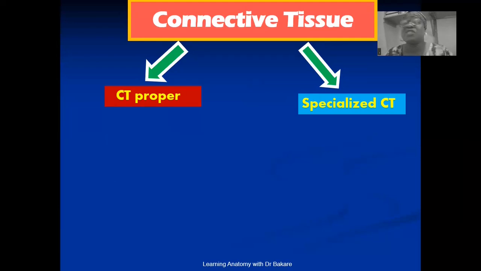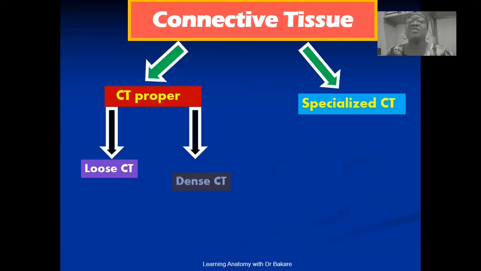So the connective tissue proper is further subdivided into the loose connective tissue and also the dense connective tissue. The loose connective tissue means that the extracellular matrix is loosely packed. Going back to the structural component of the connective tissue, we say that we have cell and also the extracellular matrix. The cell is the cellular component of the connective tissue, while the extracellular components are the structures that are located outside the cellular environment.